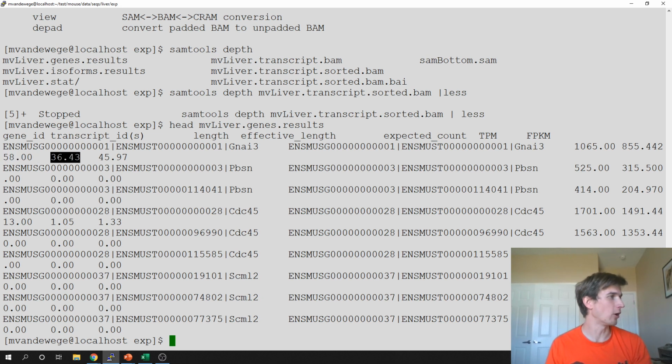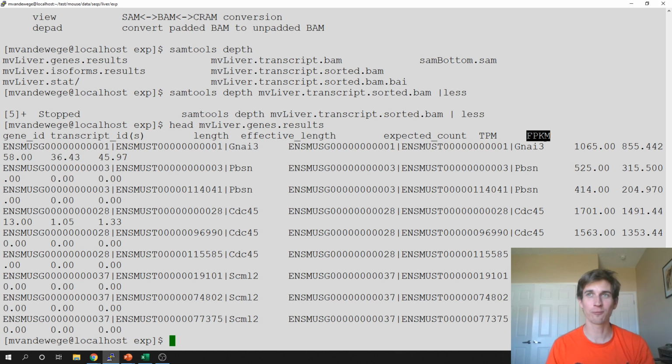This TPM number and FPKM number are similar, or they're related. FPKM stands for fragments per kilobase million. We normalize our data based off of the size of the library that we mapped and the length of the gene.